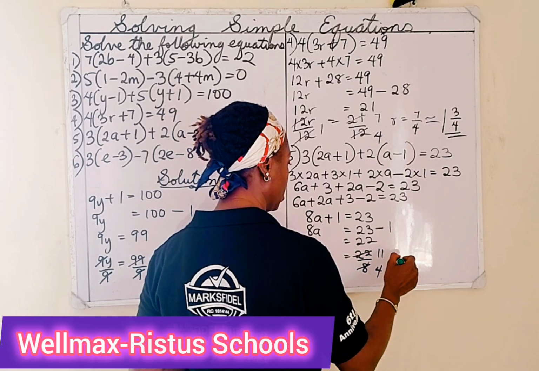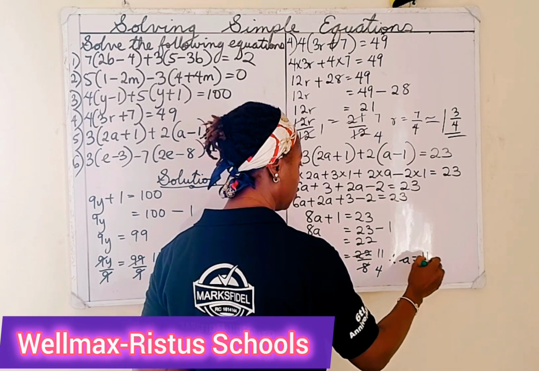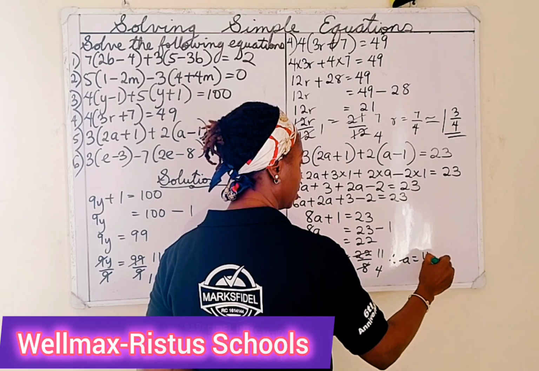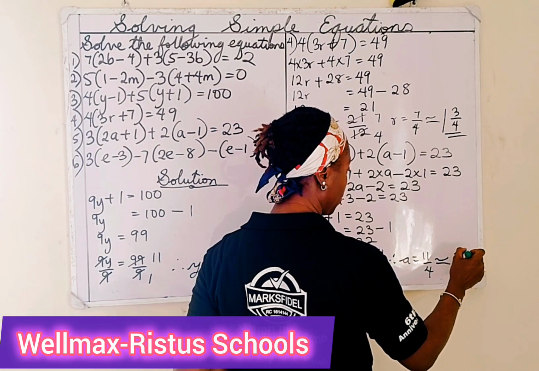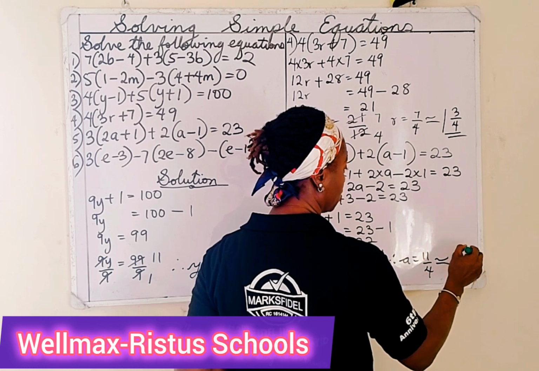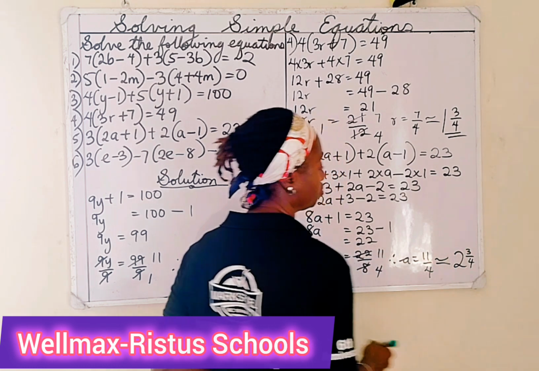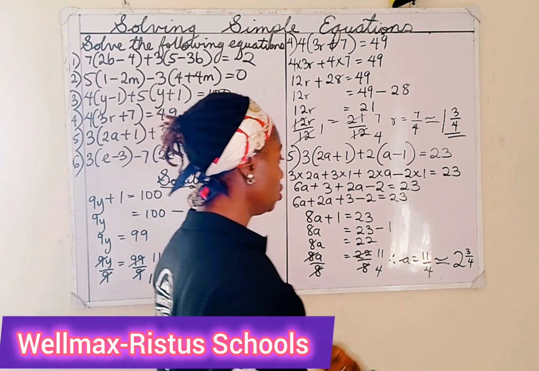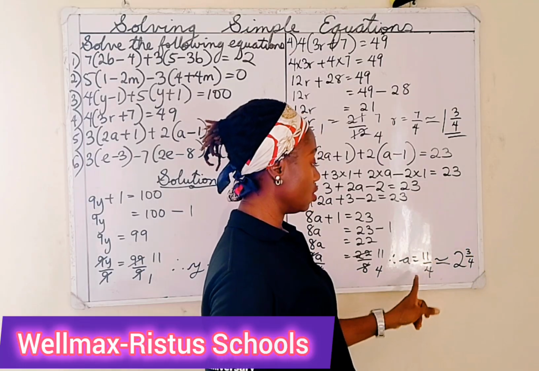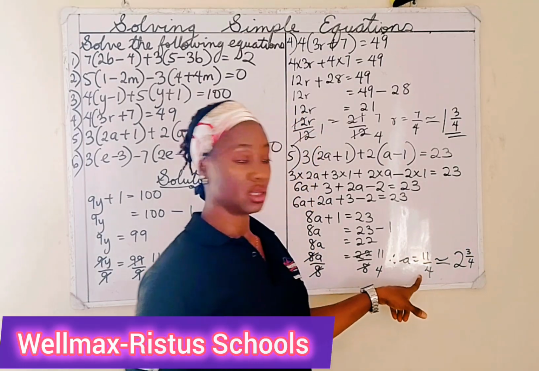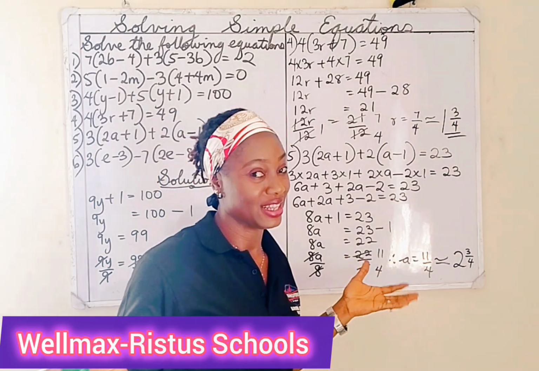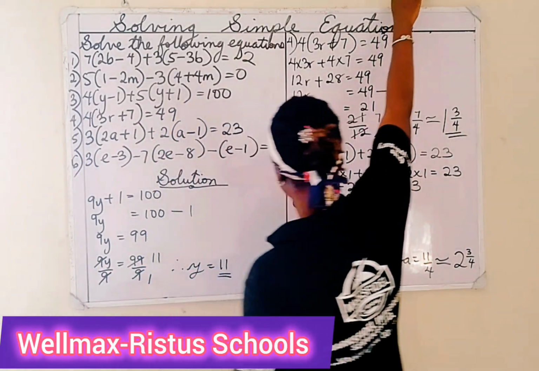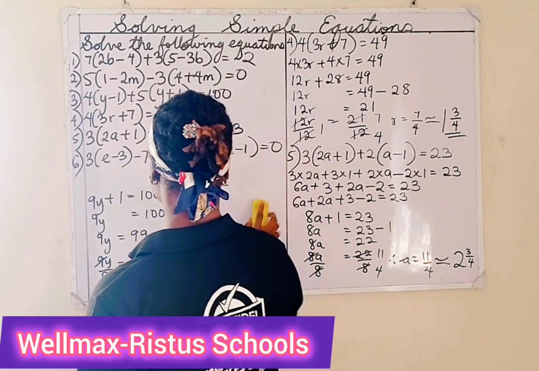So therefore a equals 11 over 4, which is equivalent to saying what? 2 whole number, 4 times 2 is 8, 3 over 4, 8 plus 3 is 11. So 4 times 2, 8 plus 3, 11 over 4. So this is the equivalent of this improper fraction, 11 over 4. I hope you're enjoying the lesson. Let's continue. Number 6.